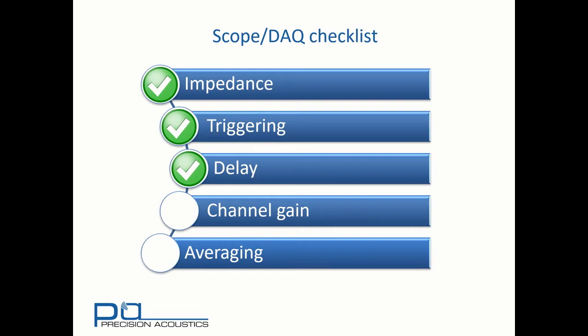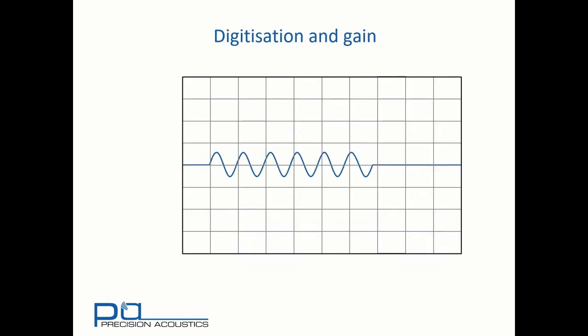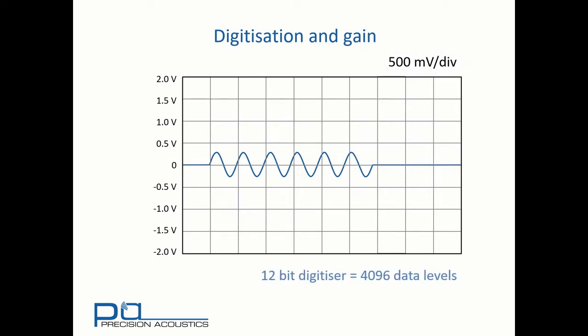Now let's look at channel gain. We'll start off by considering a signal on the oscilloscope that only occupies a small portion of the oscilloscope screen. Here, we've set 500 millivolts per division as our scope sensitivity, and for a 12-bit digitizer, that corresponds to 4096 data levels set across the full scale range.